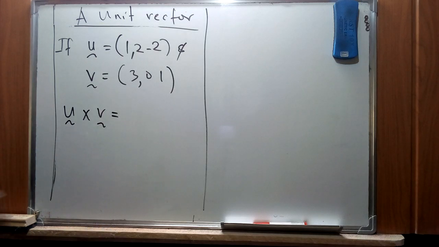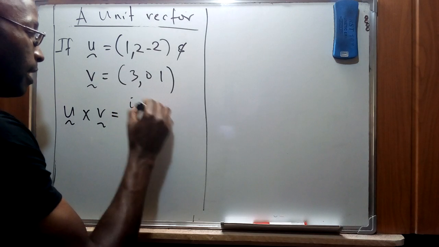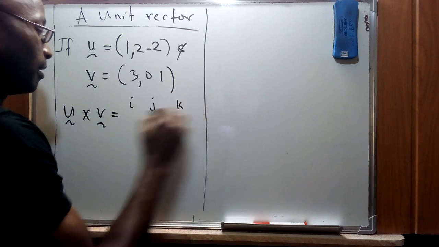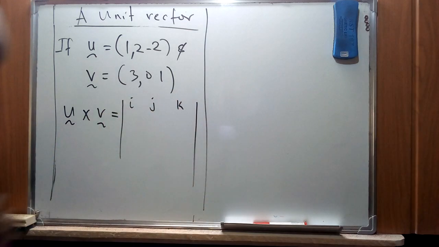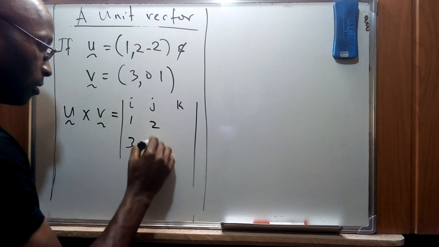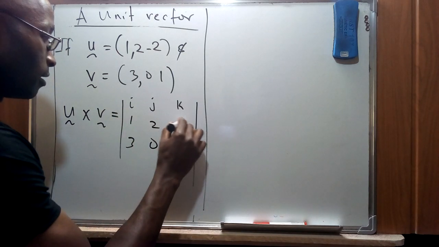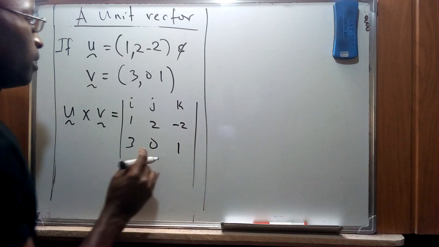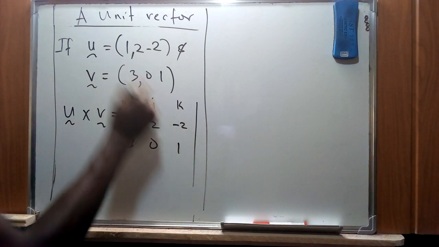I'm going to arrange these components in the i, j, and k directions, and then find the magnitude using this order. So this is 2, 0, -2, 1. I hope I've done the representations the correct way.